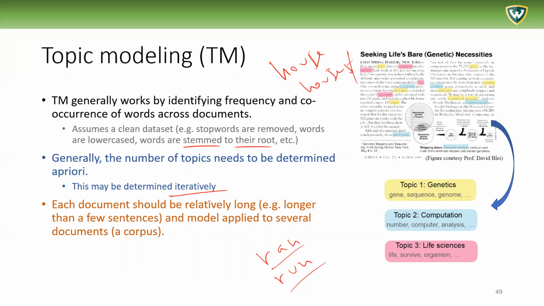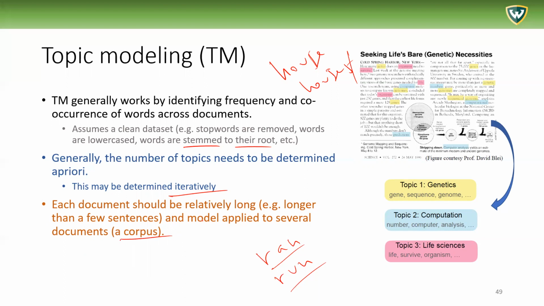Also, each document should be relatively long. If you just have a document with like 5 words, your topic modeling is not going to work well because it really does need to find this frequency and co-occurrence of words across multiple documents. And the topic modeling model needs to be applied to several documents, what we call a corpus.